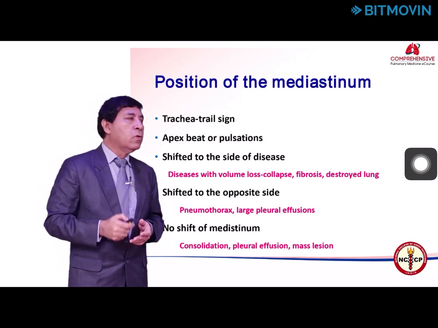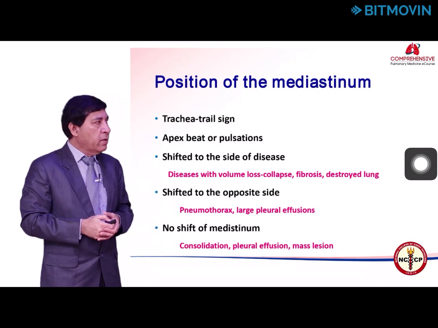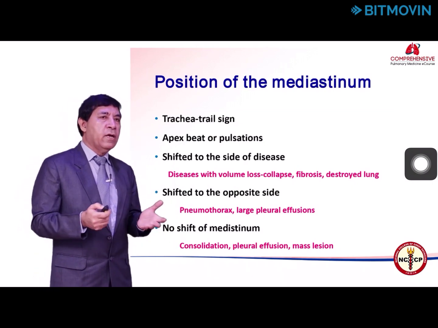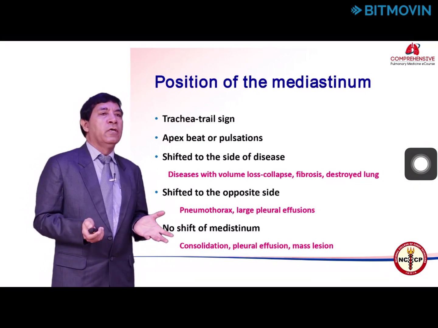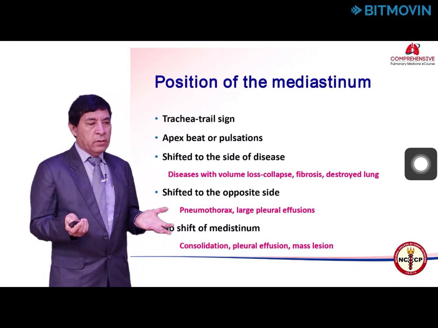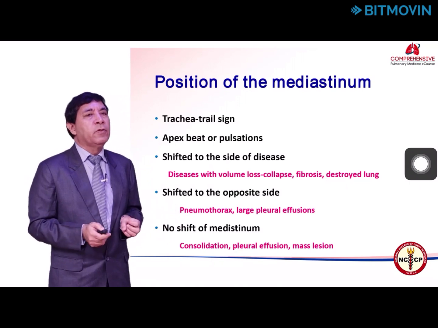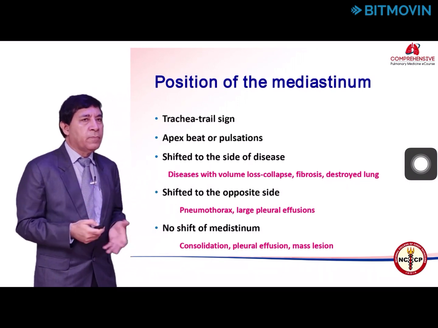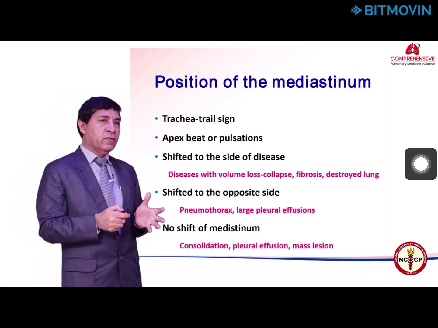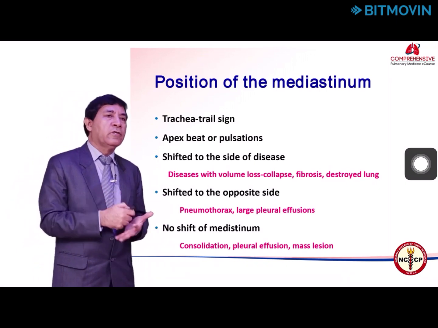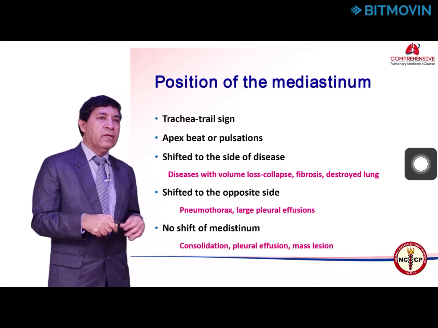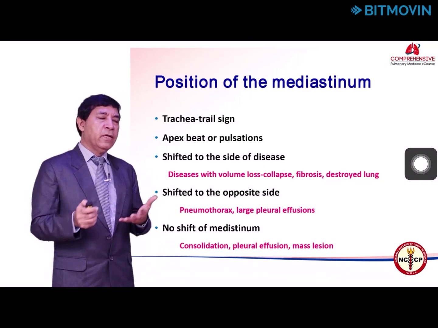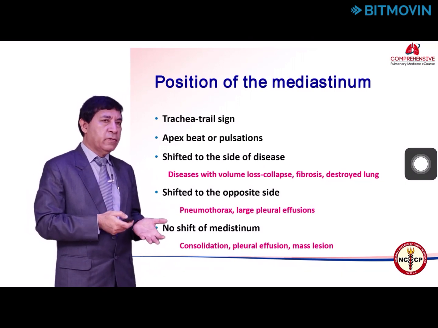Next we go to the position of the mediastinum. The position of the mediastinum tells you about the volume of individual hemithoraces. I can just tell you from the physiological principle, if one hemithorax is small and there is a restriction of movement, then there is every likelihood that the mediastinum will be shifted to the same side.